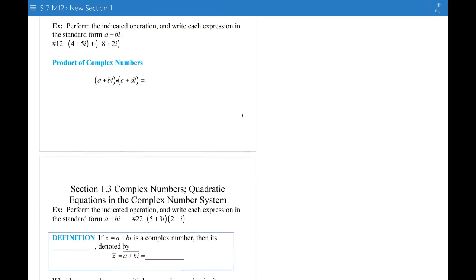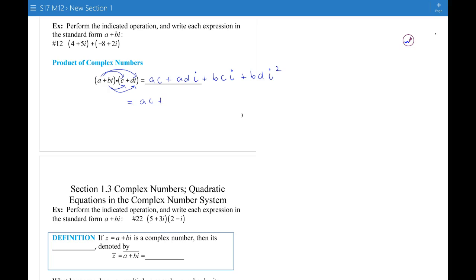The product of complex numbers works a lot like foiling. So you need to do a times c plus ad i plus bc i plus bd i squared. Well, you never leave i squared in your answer.